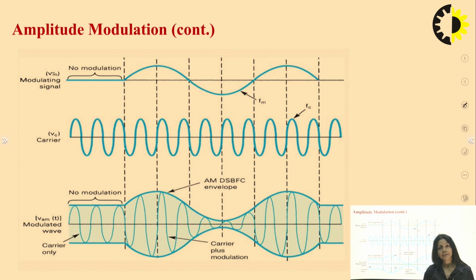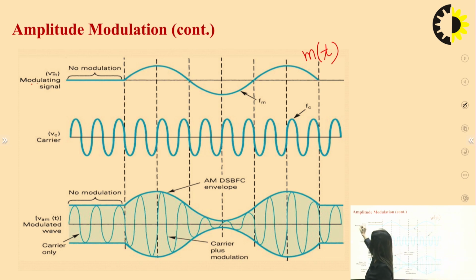That's why we need to enhance the frequency of this message signal m(t). So here I have taken one message signal, m(t), and this is called the modulating signal, and the modulating signal is a very low frequency signal. Now, what should be done for this?